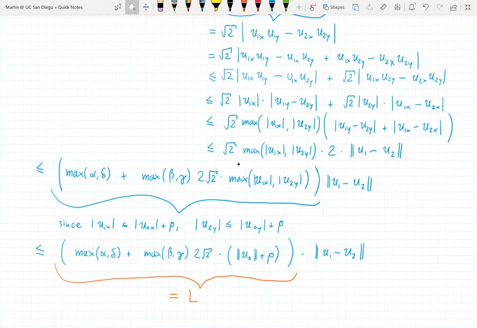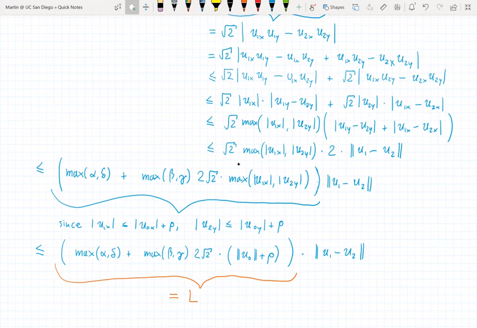So the last term is identical to square root of 2 times the absolute value of u1x u1y minus u1x u2y plus u1x u2y minus u2x u2y.